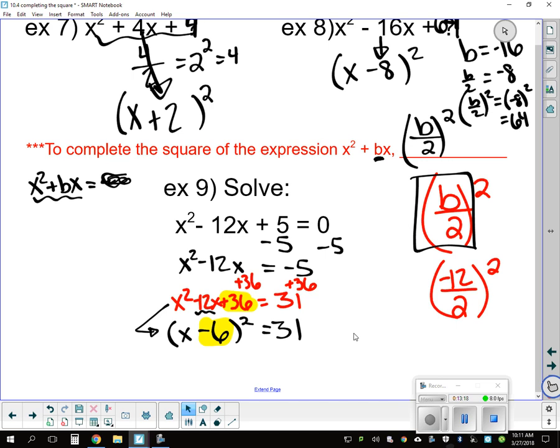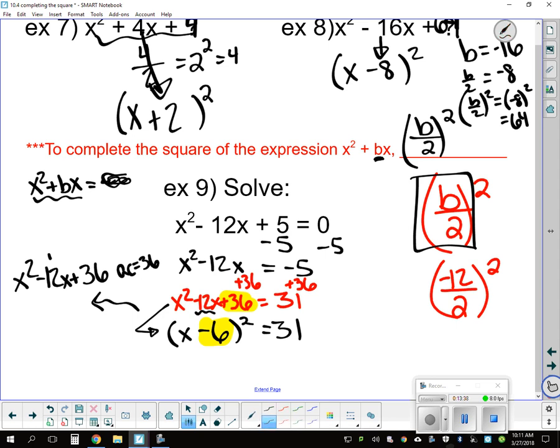If you don't see what is happening here, let me do a little side piece here. What I'm actually doing is I'm factoring this. And I would do that with AC method. So I'm looking for something that multiplies to 36 that adds to negative 12. Those two numbers are negative 6 and negative 6.